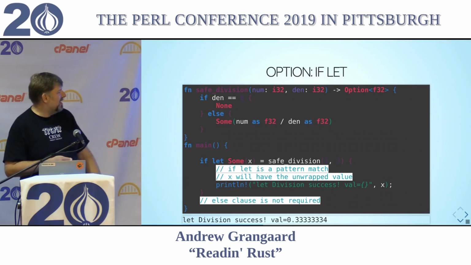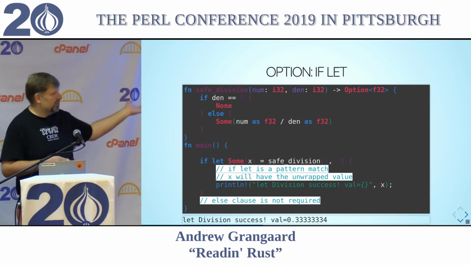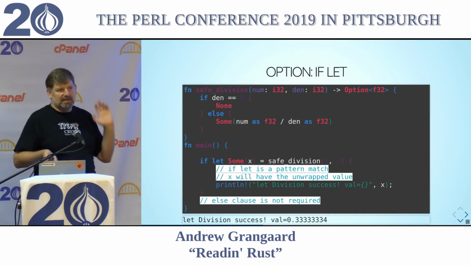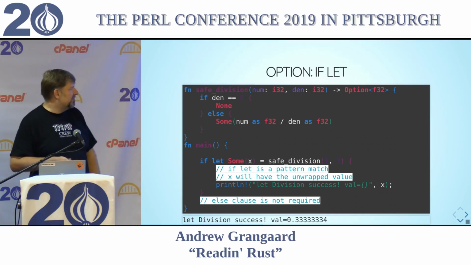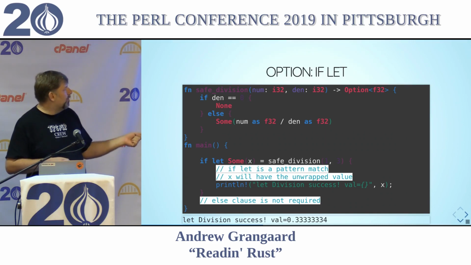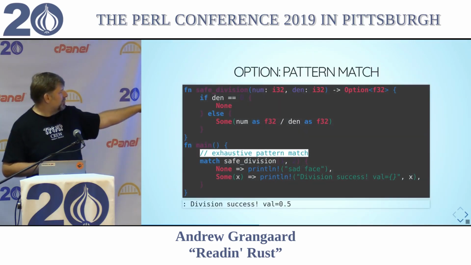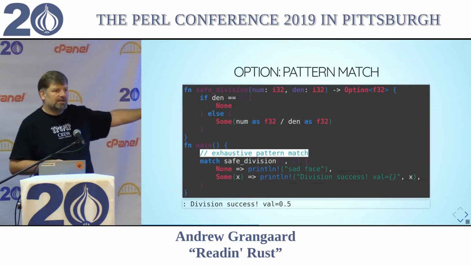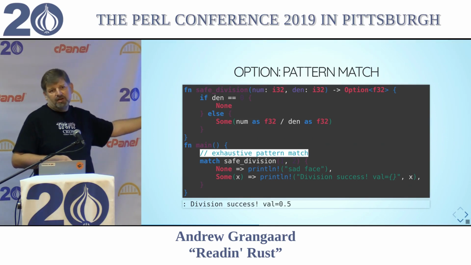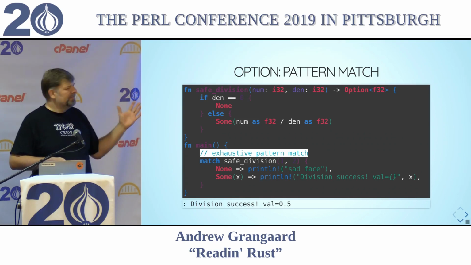The else clause is not actually required here. So if it was a none, presumably you didn't want to do anything in that case, so you skipped it. Whereas in the match, you do need both of these matches. It must be exhaustive. You can have a catch-all that says any other type, ignore it, or what have you.